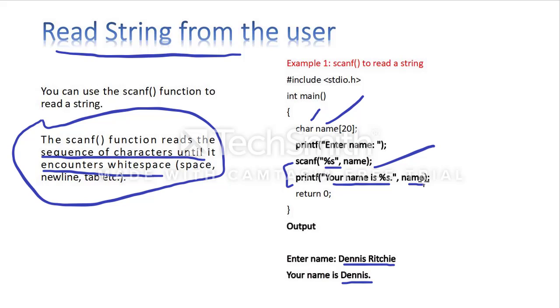So what can we do to take the whole thing? For example, I want to print the whole name Dennis Ritchie, or I want to print lines of text. Then what can you do? You have to use two important functions, gets and puts. I will show examples.